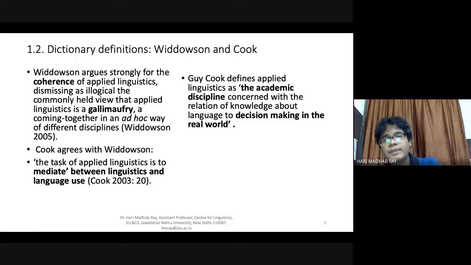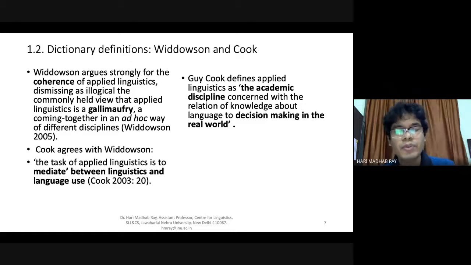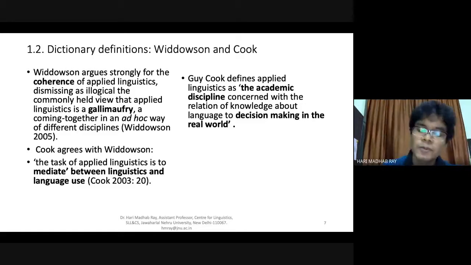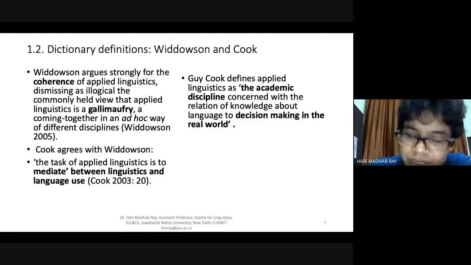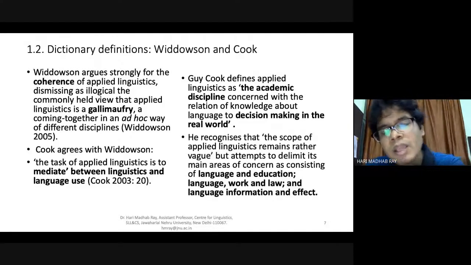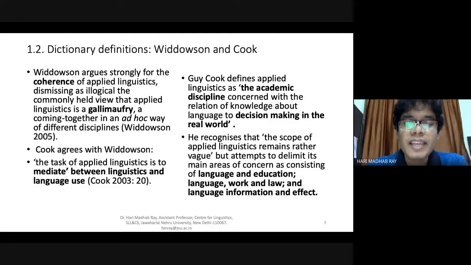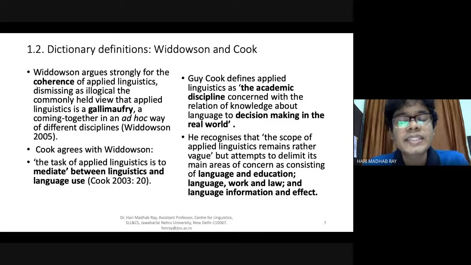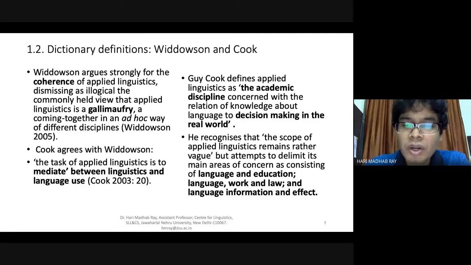Guy Cook defines applied linguistics as an academic discipline concerned with the relation of knowledge about language to decision making in the real world. I have already specified and mentioned this to you. He recognizes that the scope of applied linguistics remains rather vague, but attempts to delimit its main areas of concern as consisting of language and education; language, work and law; and language, information and effect.